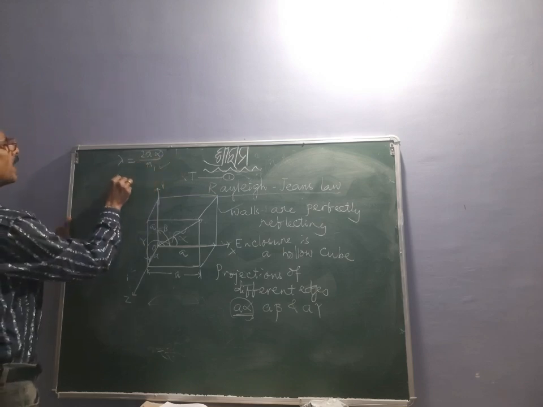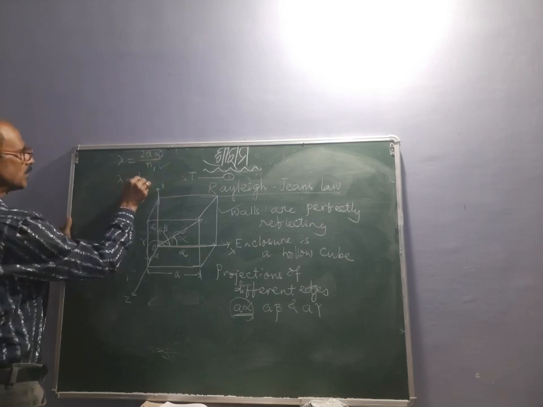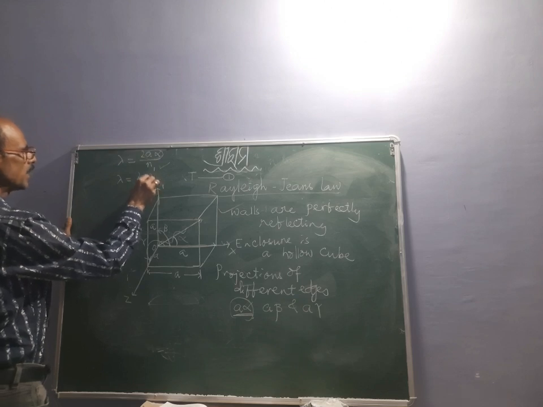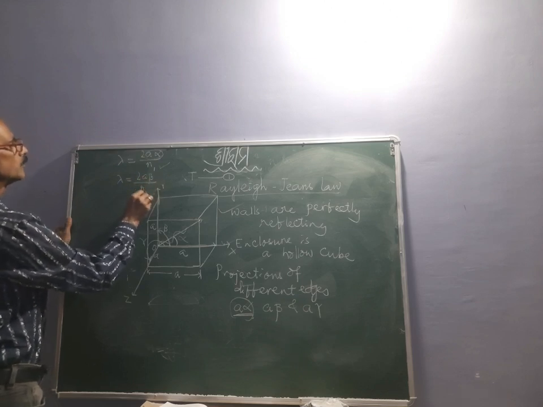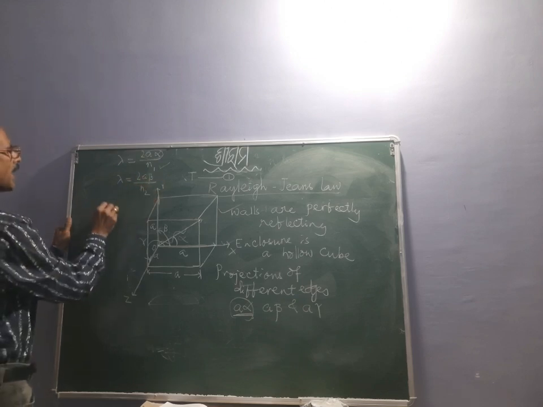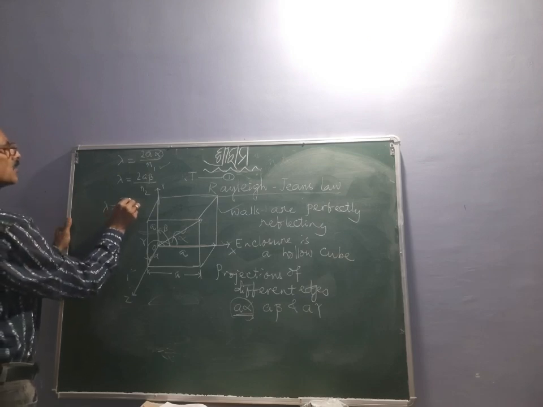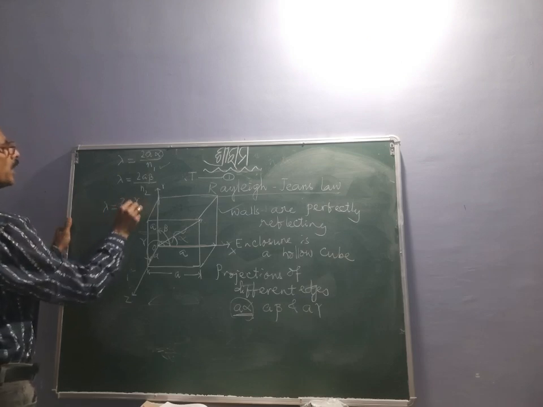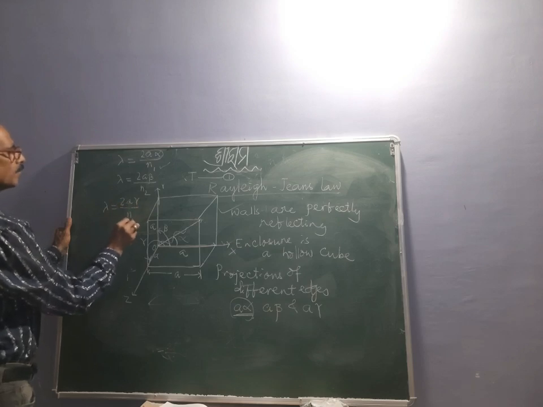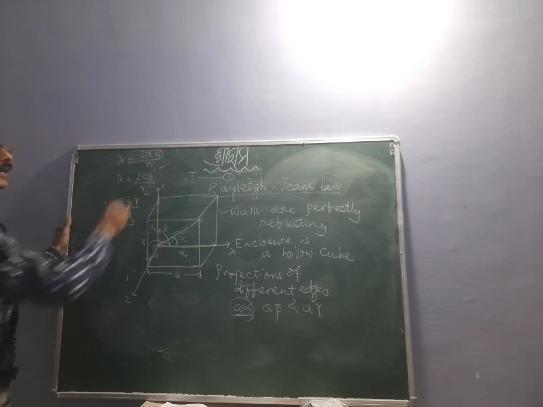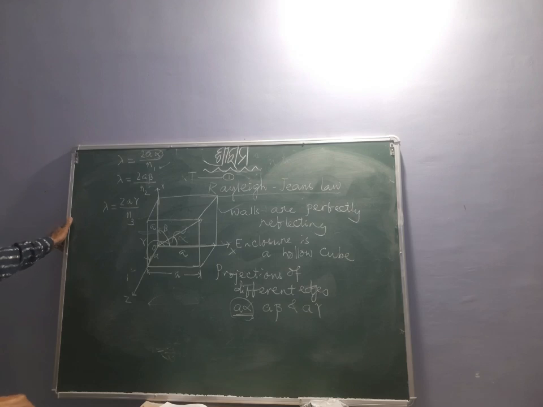So for the y-axis the allowed wavelength is 2A beta by say n2, and for the z-axis we can write 2A gamma by n3. n1, n2, n3 are positive integers.